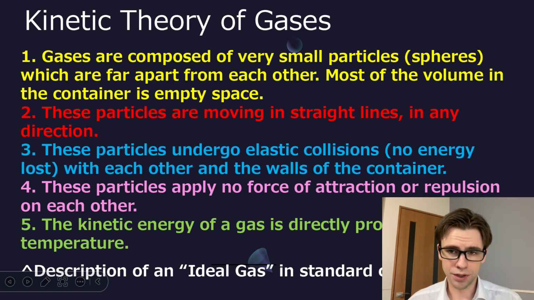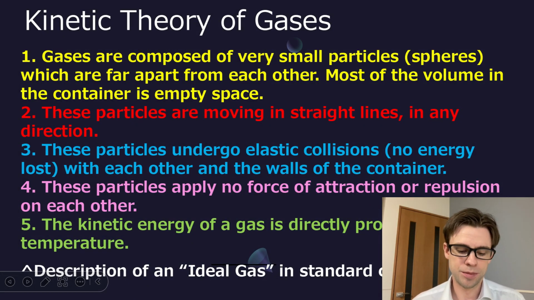Third, these particles undergo elastic collisions. So anyone taking IB physics, somewhere near the start of the course, you'll probably learn about collisions and momentum and kinetic energy transfers. So it also applies a bit here in the kinetic theory of gases in chemistry. We have to know that an elastic collision means no energy is lost. So there's different types of collisions, but I want you to imagine billiard balls on a pool table.